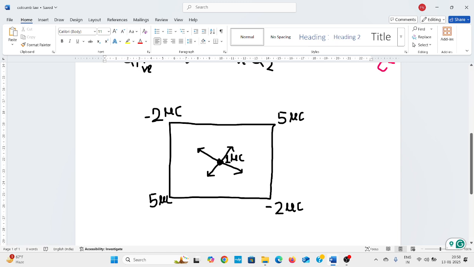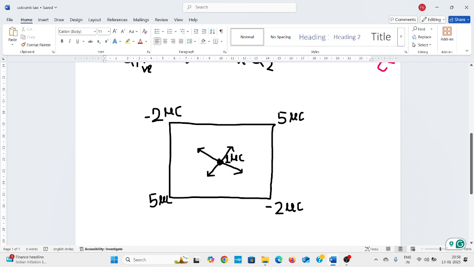The force between the minus 2 microcoulomb and 1 microcoulomb charges is attractive, and this will be inward. And the other minus 2 microcoulomb charge, placed at the opposite corner, will also create the same force.